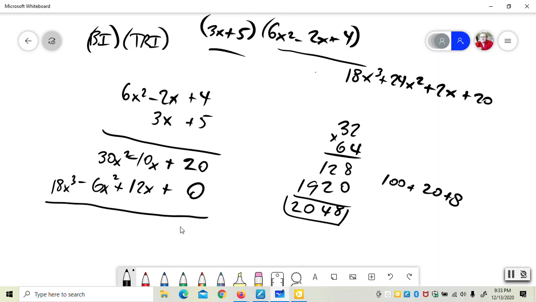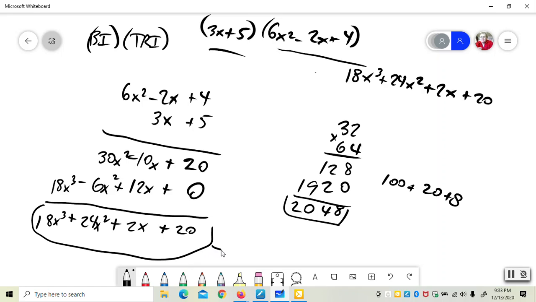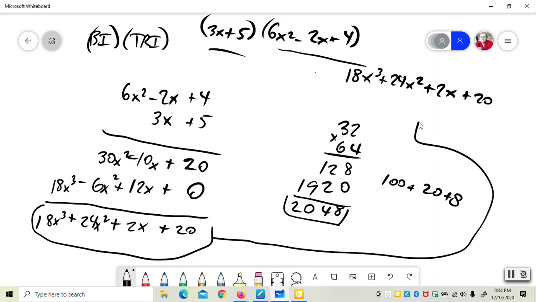Now, 20, negative 10x plus 12x is 2x, and is positive. 30x squared minus 6x squared is 24x squared, which is positive, and the 18x cubed drops down. And you know what? You got exactly the same thing that you did by the other method.